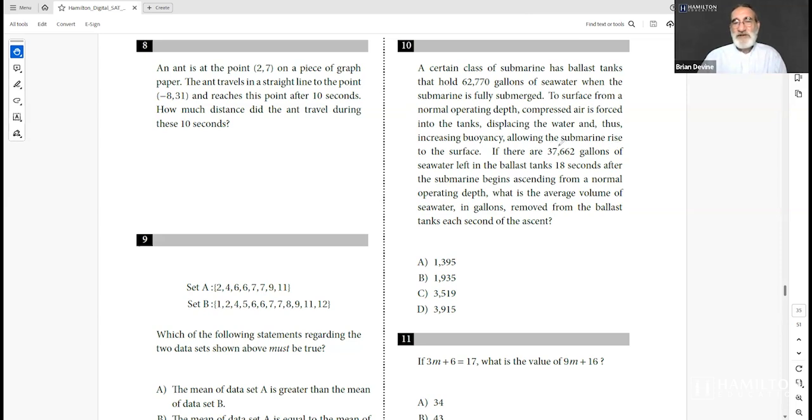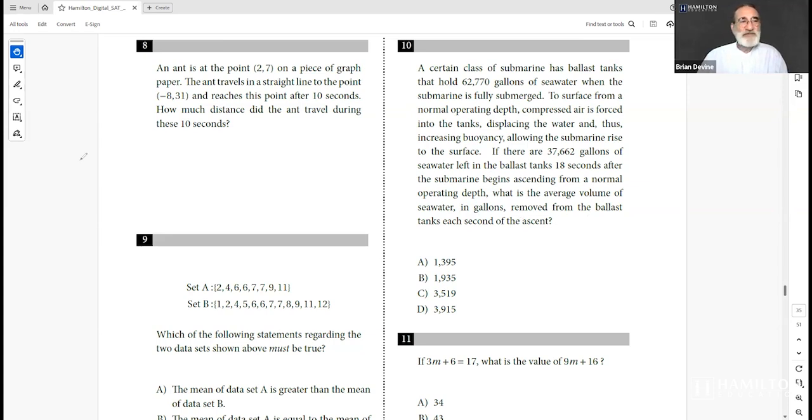If there are 37,662 gallons of seawater left in the tanks 18 seconds after the submarine begins ascending from a normal operating depth, what is the average volume of seawater in gallons removed from the ballast tanks each second of the ascent?